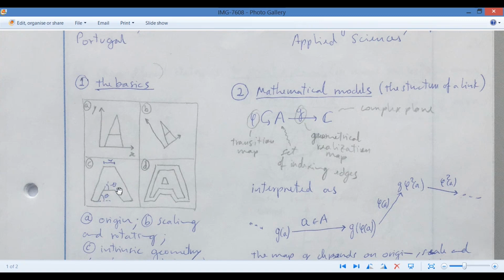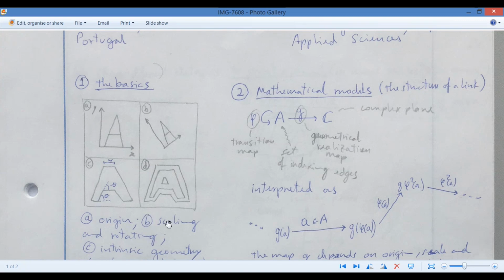So what is the advantage? In this case, the shape is independent of origin, so you can place it wherever you want, and it is independent of rotation and scaling, because these measures are relative to the unit measure that you are considering.